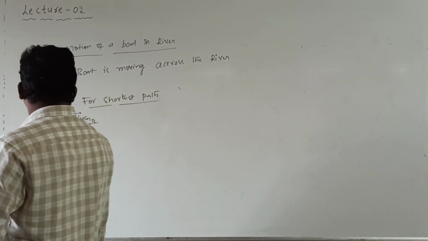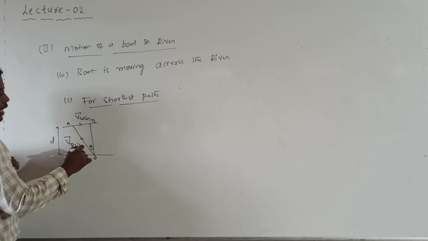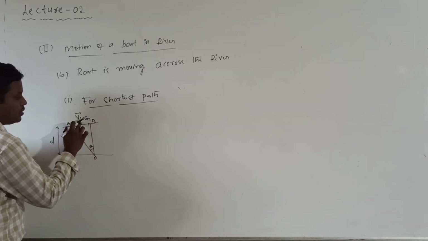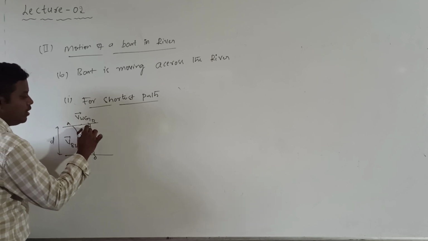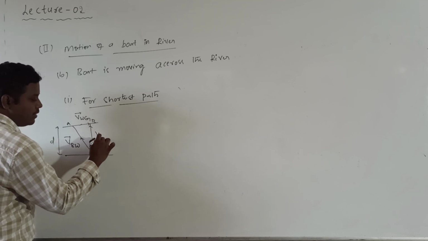Now I want to calculate the time taken to cross the river. According to the triangle law, when two vectors are represented by two sides of a triangle taken in the same order, the closing side of the triangle taken in the reverse order represents the resultant vector.